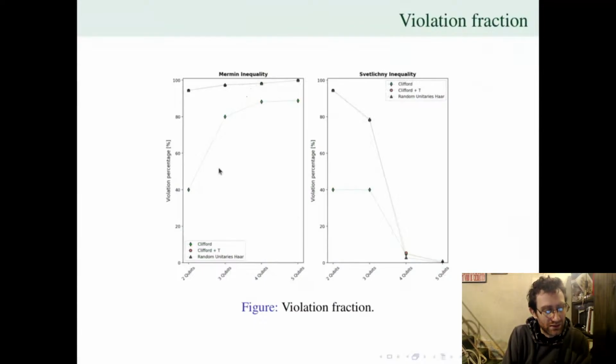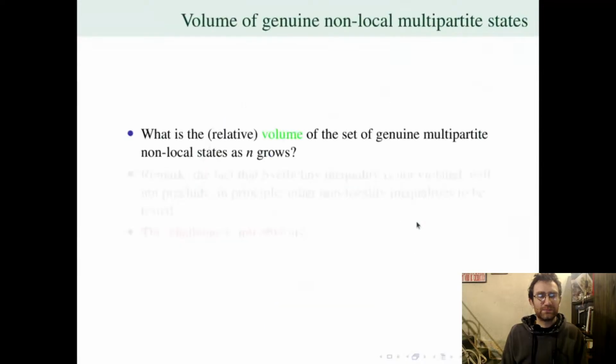So the Mermin inequality discards full local realism, but will not discard the hybrid versions of local realism. So it is interesting because, at least with regard to these particular inequalities studied here, we find that the volume of the set of states violating them drops to 0 for the case of genuine multipartite non-locality.